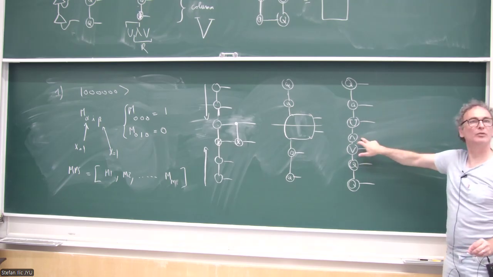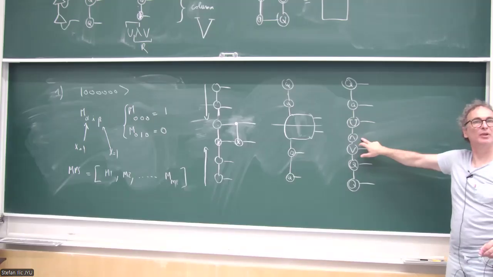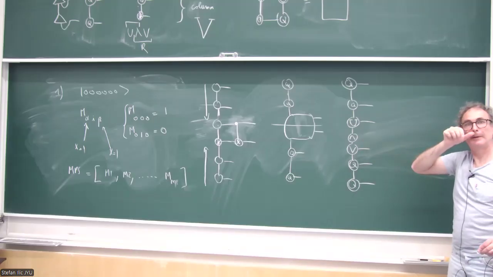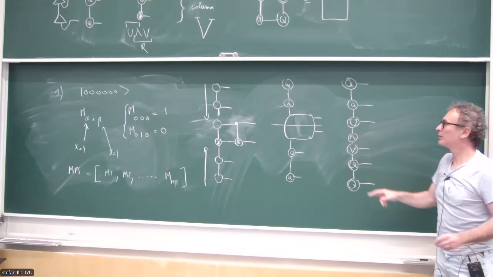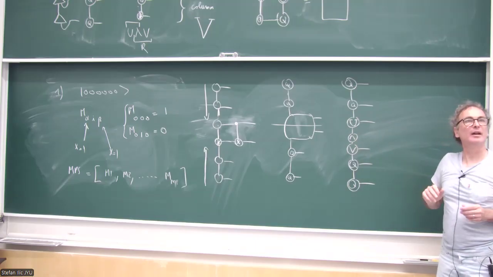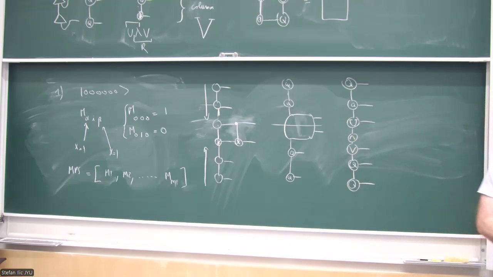So I am allowed to compress this if I want. Then you keep only the chi biggest singular values, and you get your compression.